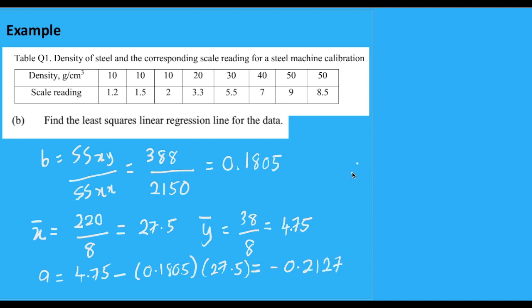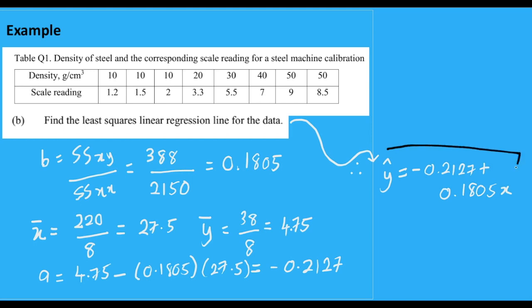And so the estimated linear regression line would be y hat equals a plus bx. So the value of a is negative 0.2127 plus b, which is 0.1805x. So the estimated model must be written in order to get the full marks.